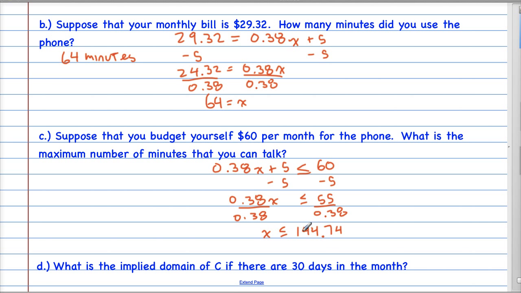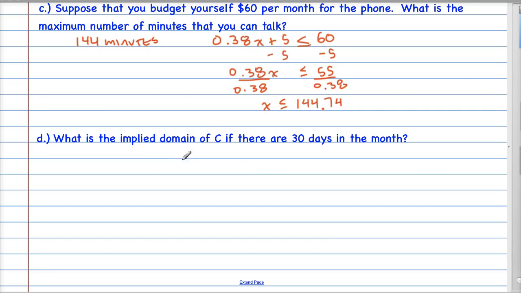So I could talk for 144.74 minutes, that is the less than or equal to. We could just round that down so that we're using whole minutes. So what is the maximum number of minutes that you can talk on the phone? We'll call that 144 minutes.